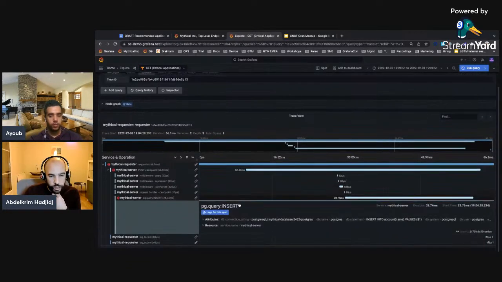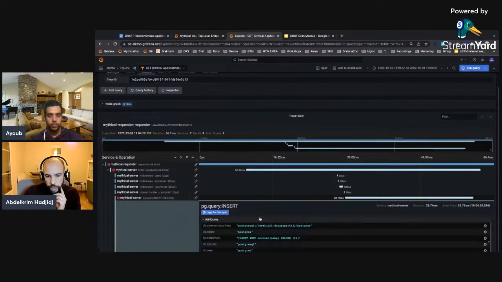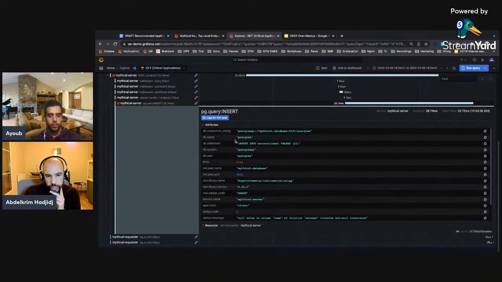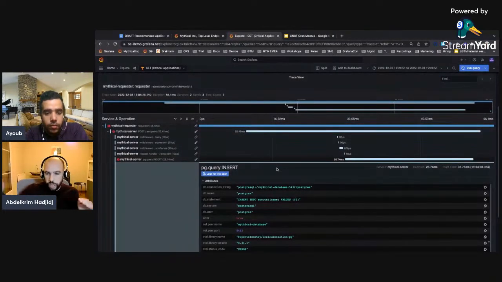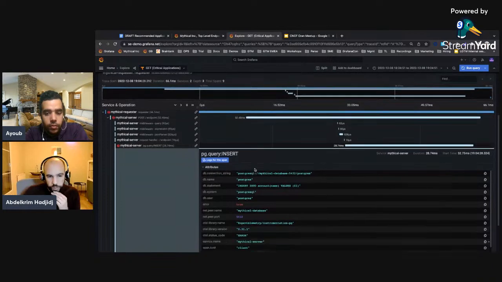And then we did a Postgres query to answer the data that we got. And inside this Postgres query, you can have all the information. You can get the link to the Postgres query, you can get the query itself, and you can see the errors that happen. So it gives you this transactional view from end to end in different services.